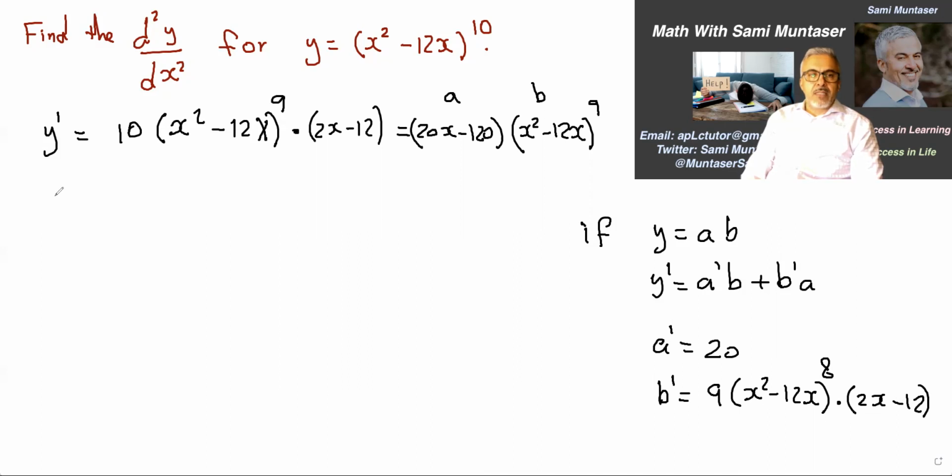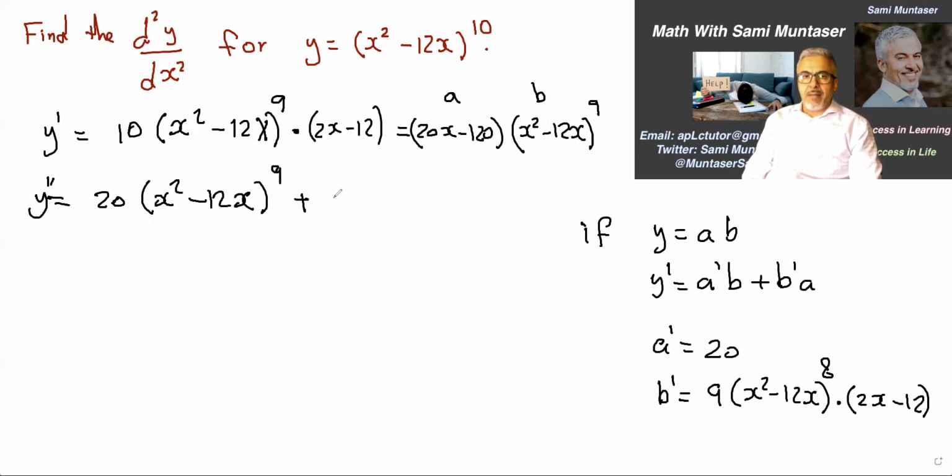So now for y double prime, we're just going to fill in stuff. So A prime, which is 20, times B, which is x squared minus 12x to the power of 9, plus, and then B prime, the derivative of B, is given right here.